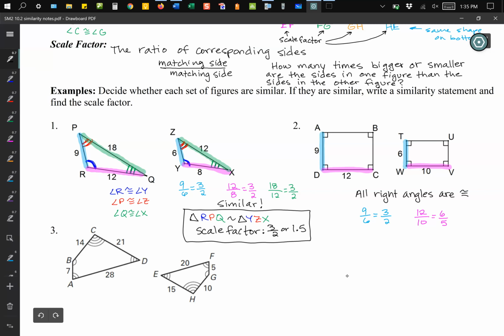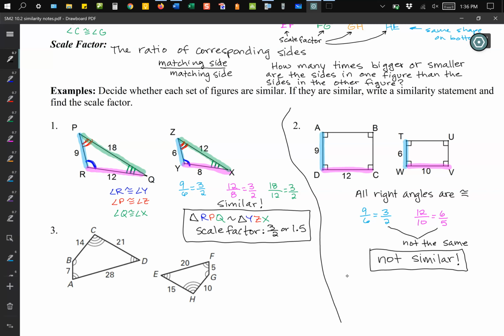And 3/2 and 6/5 are not the same number. 3/2 is 1.5, 6/5 is 1.2. 1.5 and 1.2 aren't the same. So if these are not the same, that means those two shapes are not similar. It doesn't matter that the angles are all the same. If you have sides that aren't proportional, that means the figures are not similar.